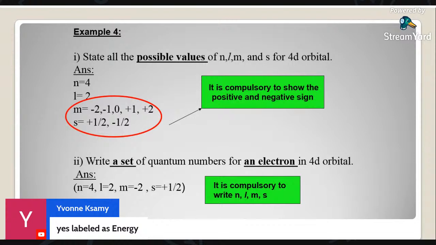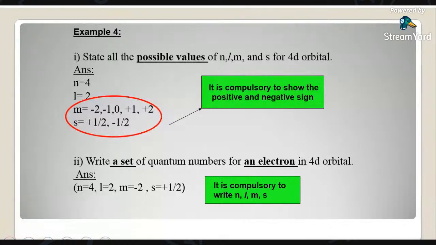For some questions, from the grammar of the question, we can identify what is being asked. For example, the first question says state all the possible values. Meaning we can have more than one value for n, l, m, and s. The question is not asking for a set of quantum numbers.